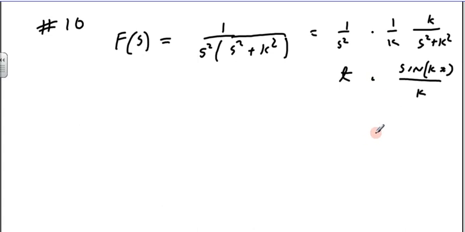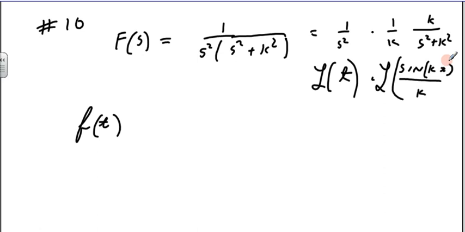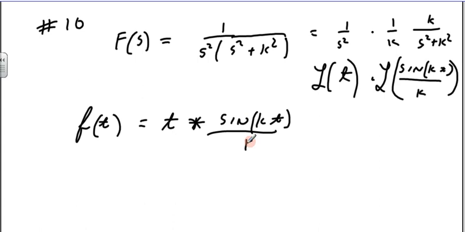Okay, so that's what they're looking like. So f of t, because this is really the Laplace transform of f of t, is going to be t convoluted with sine kt over k. Okay, so that's what we got.